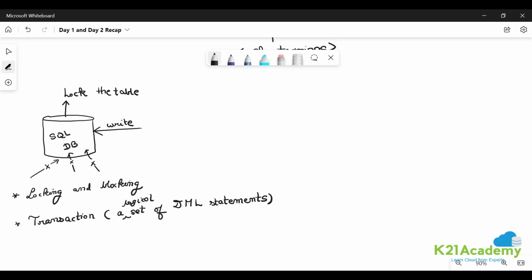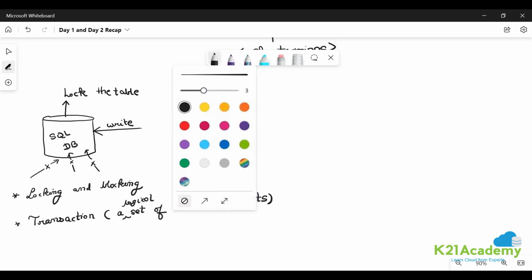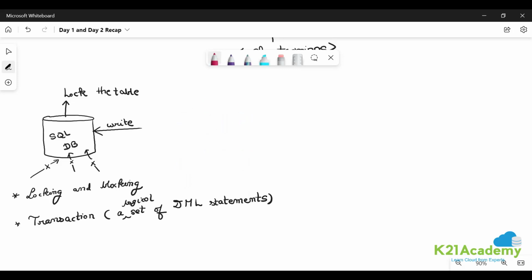A set of DML statements which follow certain properties while execution, and those properties you studied in DP-900, those are called ACID properties. Atomicity, consistency, isolation, and durability, right?